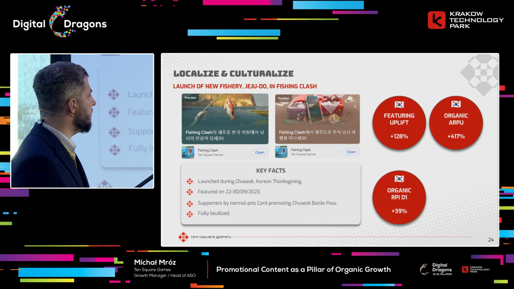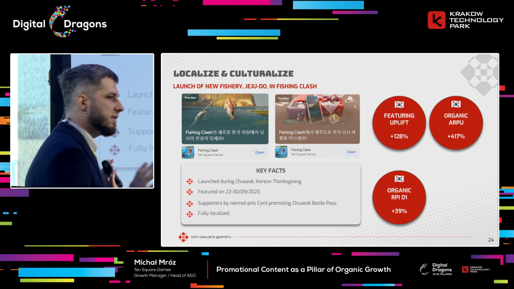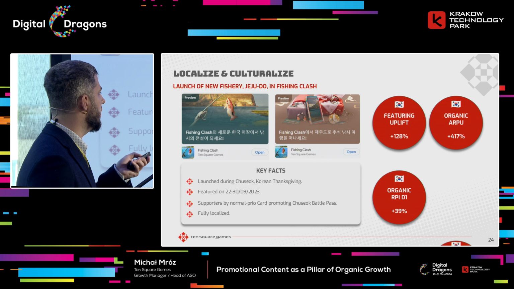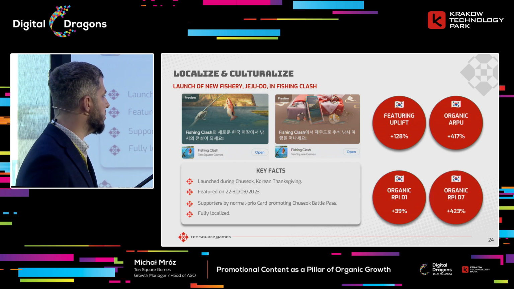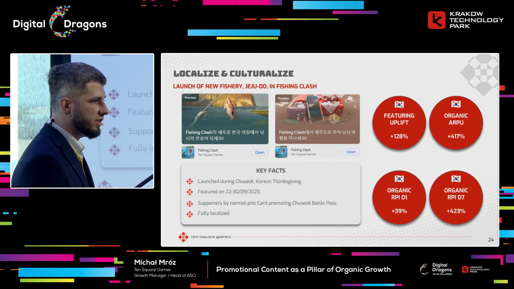Then, when you look at the revenue per install, only from organic, only from these Korean cohorts from this week, it was plus 39. Okay, that's maybe not super impressive, but remember that Chuseok was running for the whole week. And if you look at organic RPI at day 7, it was once again an uplift of plus 400%.